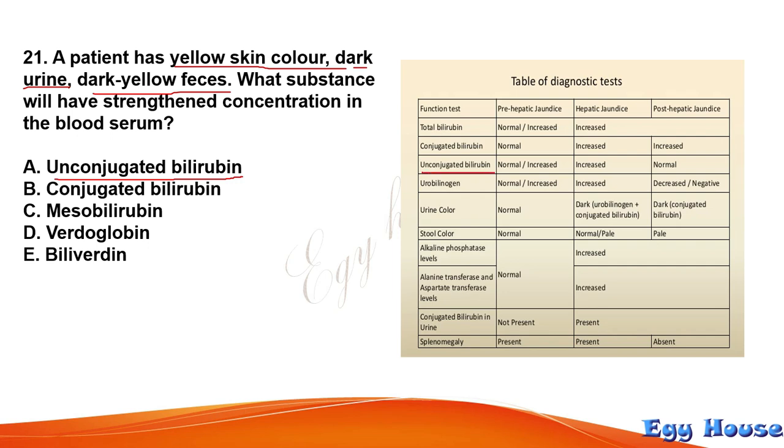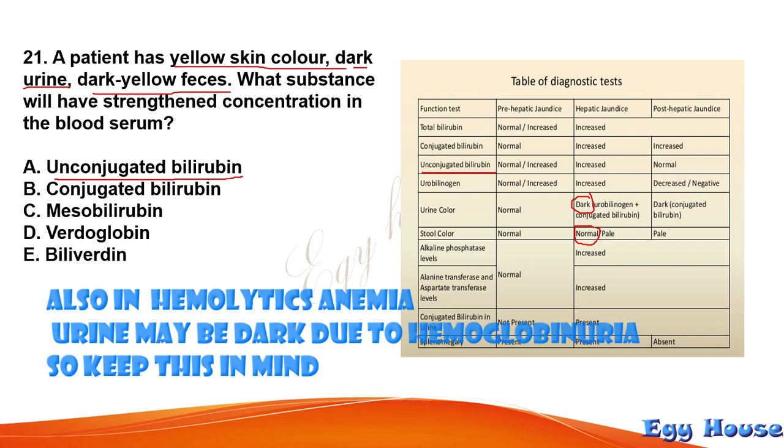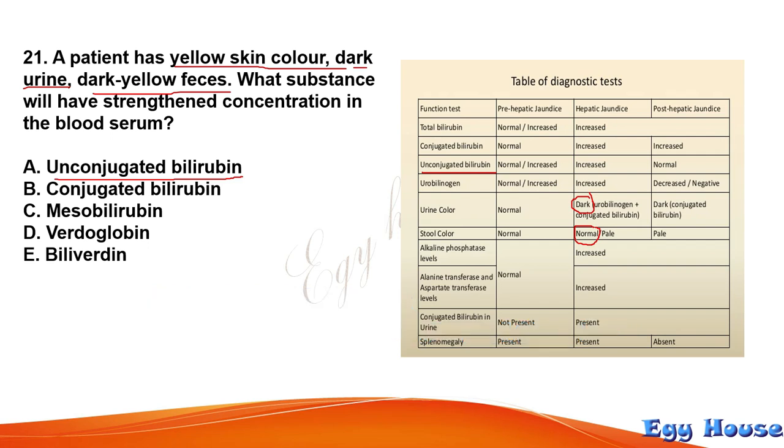In hepatic jaundice, you can see that the color of urine is dark, and you can see also the color of stool can be normal. Well, they say here it's dark because the natural color of feces is actually dark. So it's actually hepatic jaundice that caused the accumulation of unconjugated bilirubin in blood.